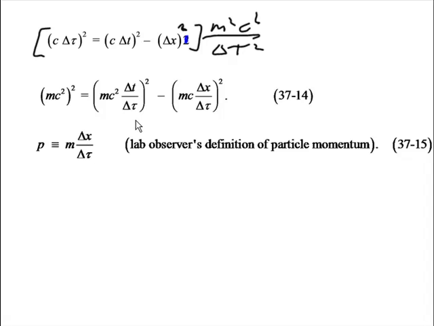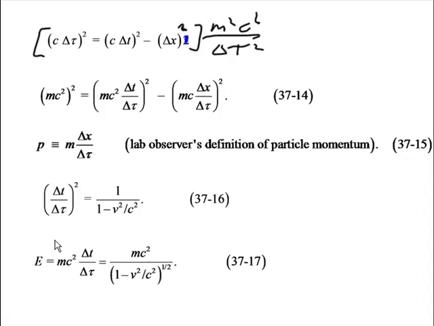Delta t over delta tau, we know from earlier things we've looked at, is just 1 over the square root of 1 minus v squared over c squared. So if we plug that in here and call this term the energy, then the energy is just mc squared times delta t over delta tau.